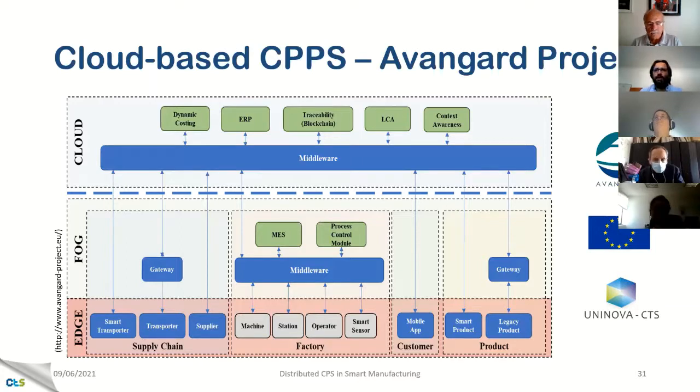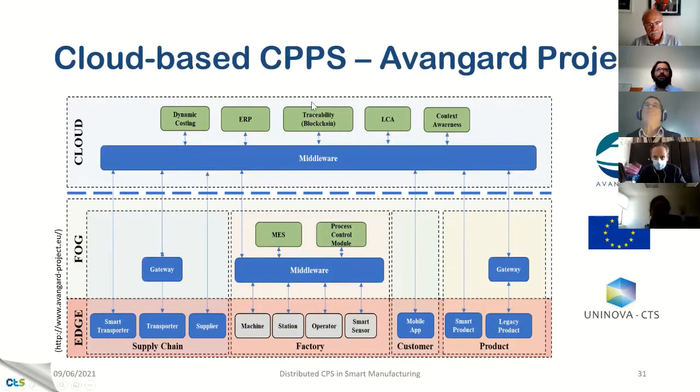In one project that CTS is involved in, we are quite an important partner, because we are responsible for coordinating the activities related to all the ICT infrastructure. And basically, the idea is to develop a multi-layer infrastructure where we can share data and optimize the system at different levels.